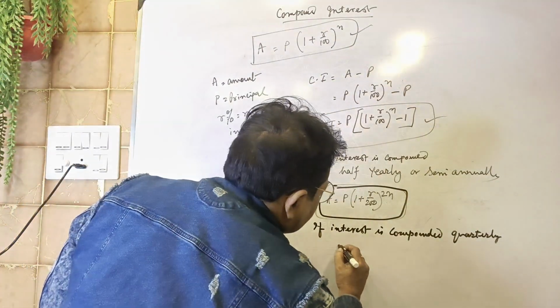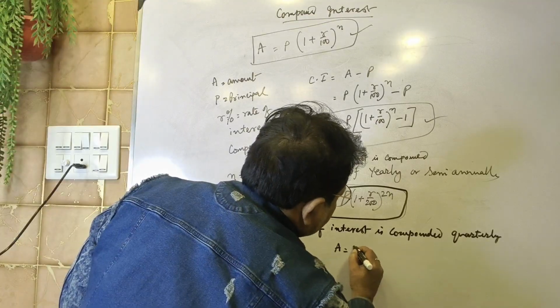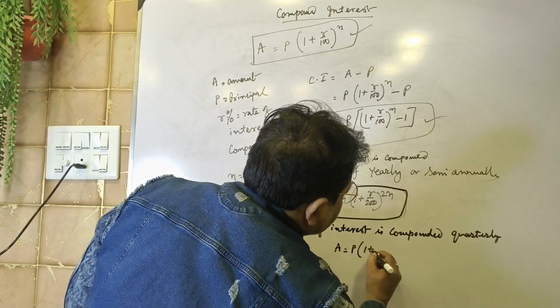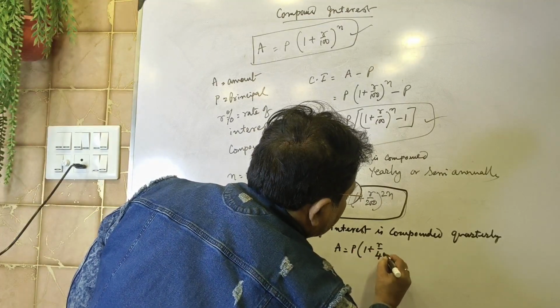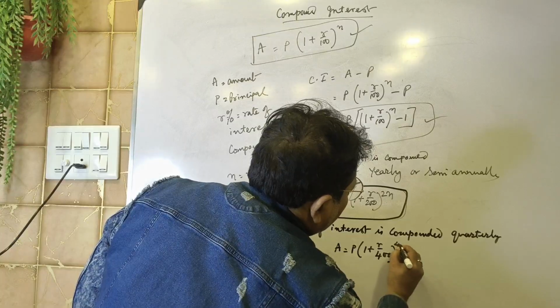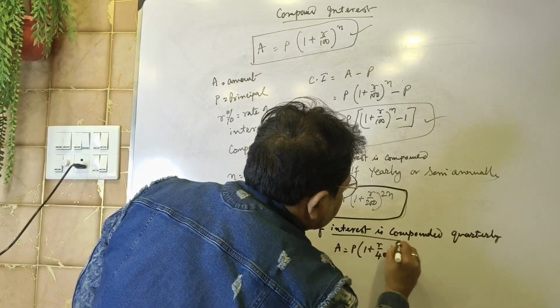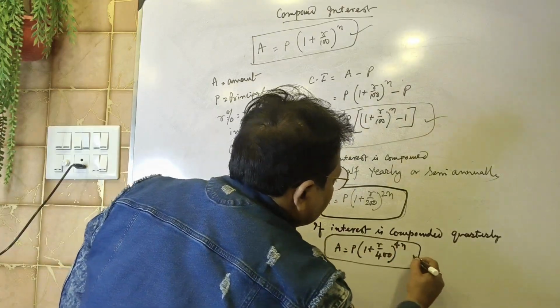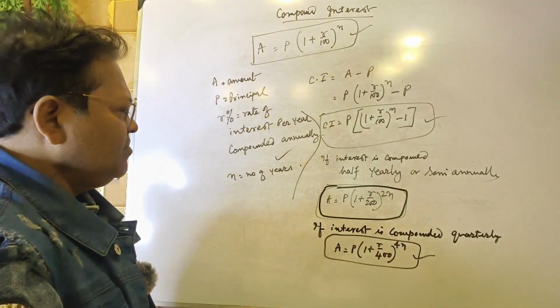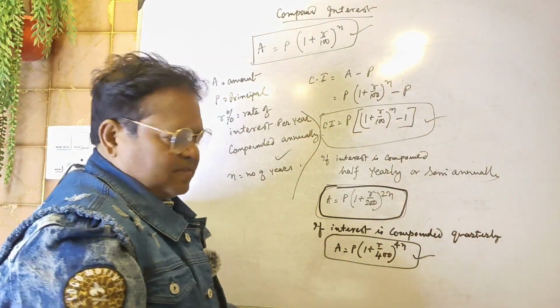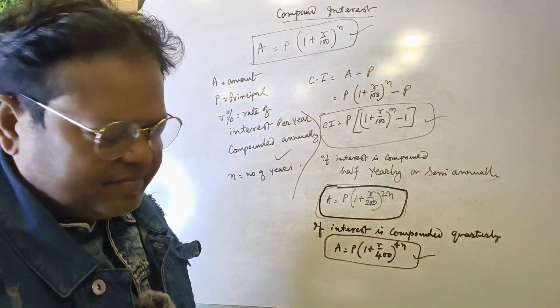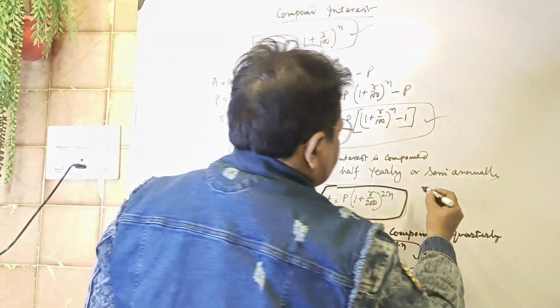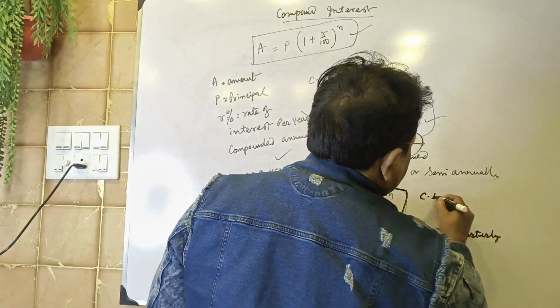In this case, you will get A is equal to P into 1 plus R by 400 whole to the power 4n. This is the formula for amount.